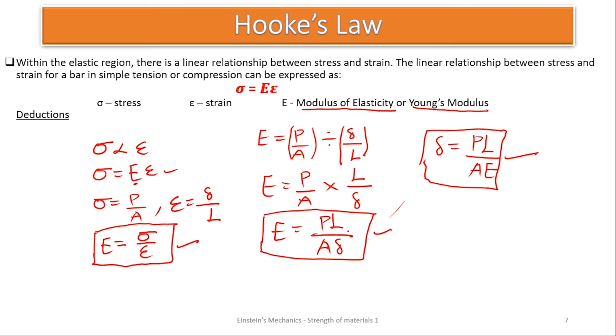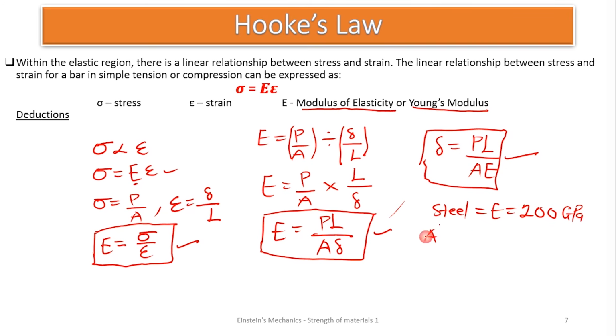So let me give you some materials and their Young modulus. We can see that steel, anytime you are given a question with steel, the E is equal to 200 gigapascal. That's a huge value.